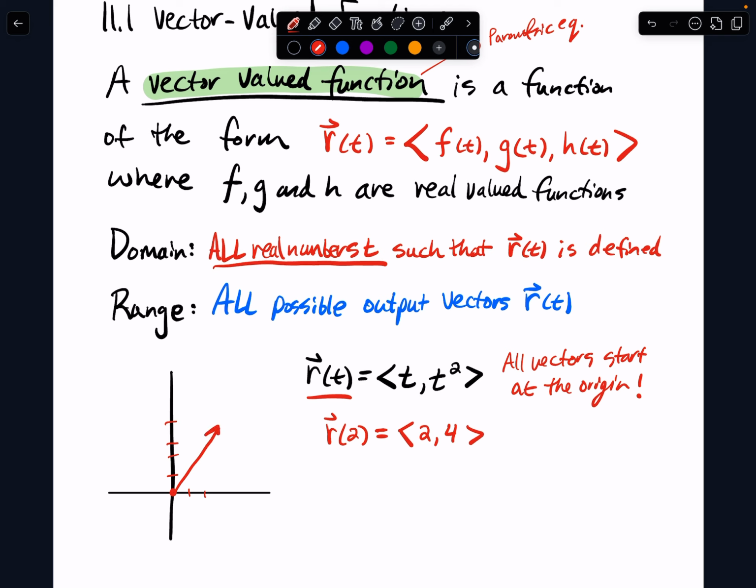So my vector goes to that point right there.